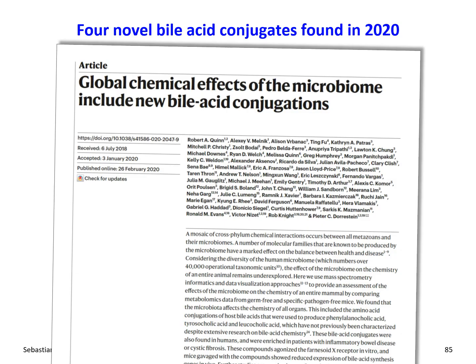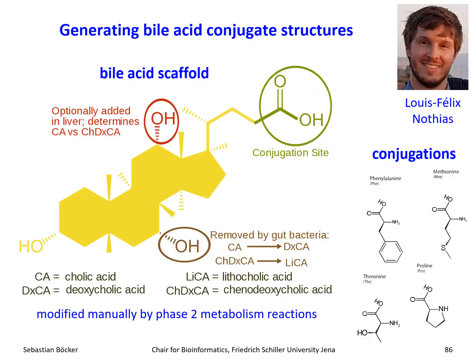So the last part of our journey starts off with a publication from 2020, where the group of Pieter Dorrestein found that there are actually 4 novel bile acid conjugates that nobody knew about before that point. That was very interesting because people had done decades of research in this direction, but nevertheless missed them. And this inspired Louis from the group of Pieter to generate hypothetical bile acid conjugate structures.